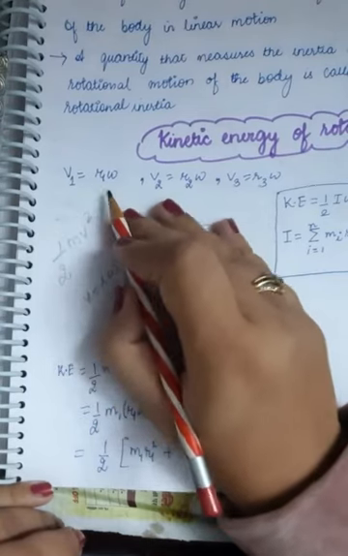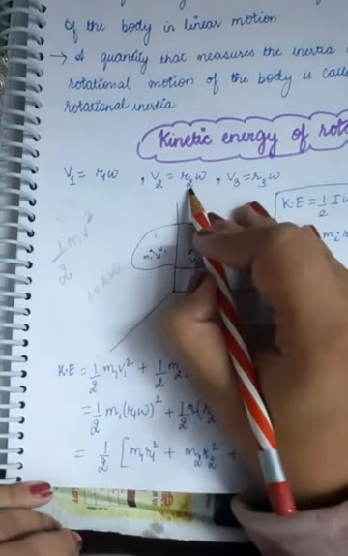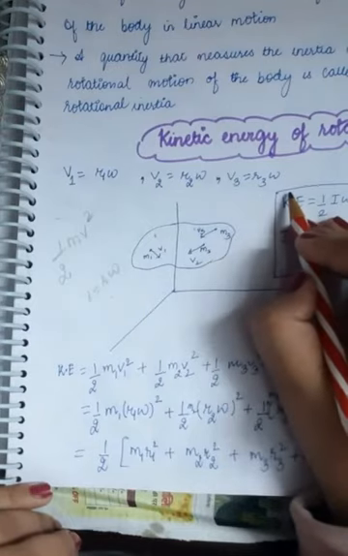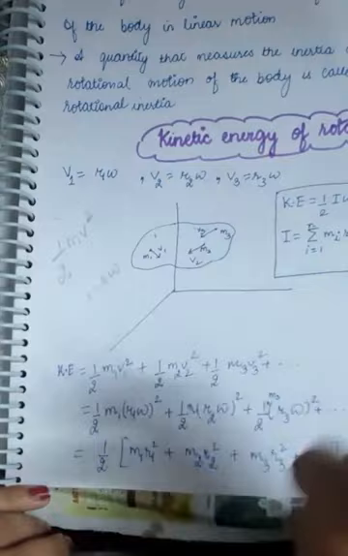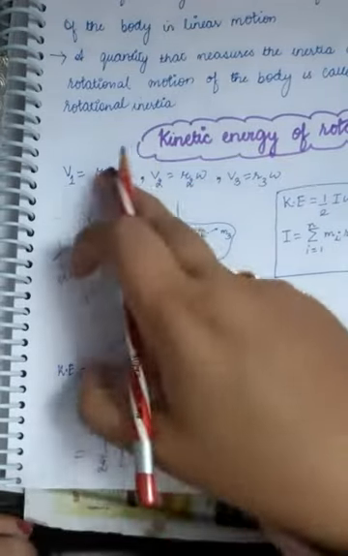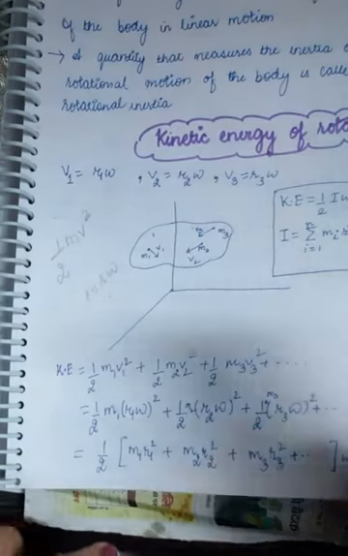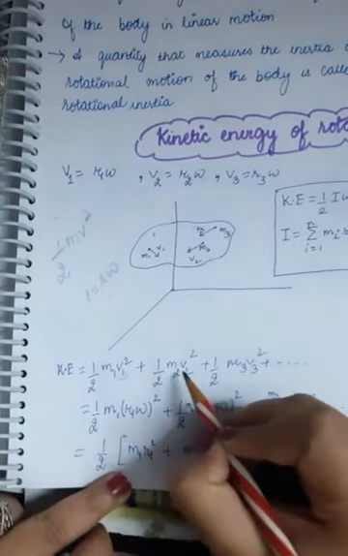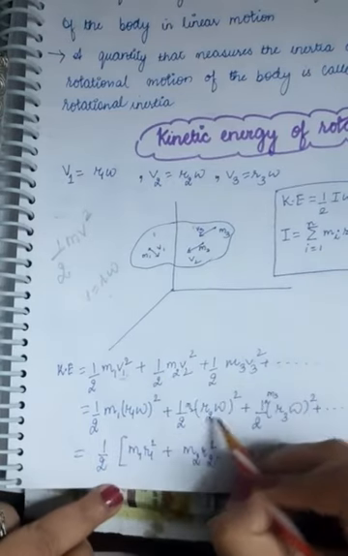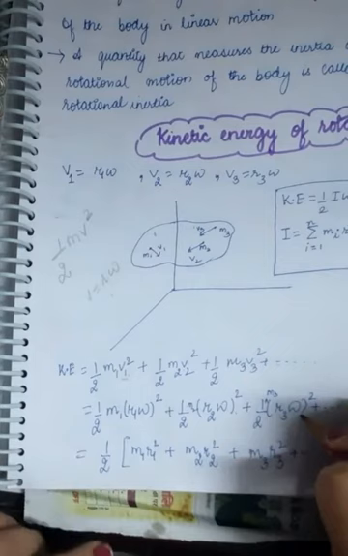So v1 equals r1 omega, v2 equals r2 omega, v3 equals r3 omega. I told you that the entire body is rotating with a common angular velocity, so I have not taken omega 1, omega 2, omega 3. In place of v1, I have written r1 omega. In place of v2, I have written r2 omega. In place of v3, I have written r3 omega.